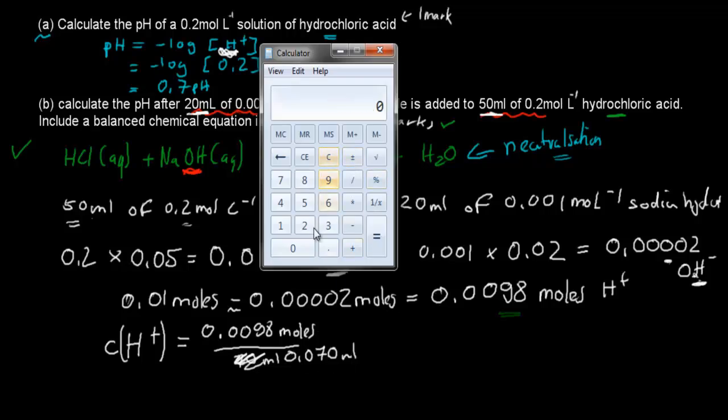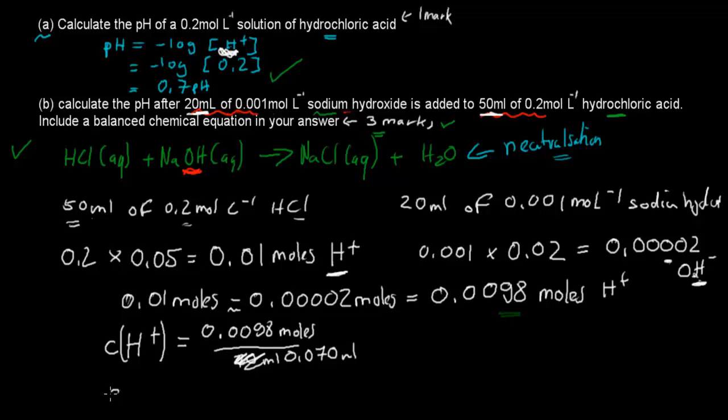So it should be 0.0098 divided by 0.070 equals 0.14. So our concentration per liter is 0.14 moles per liter of H+.